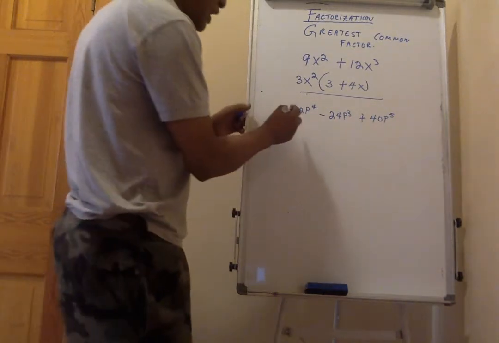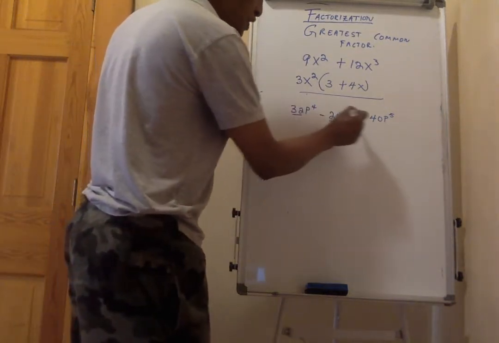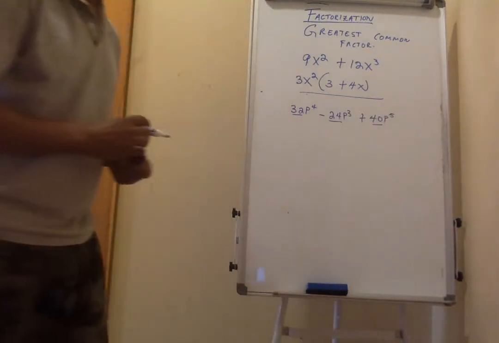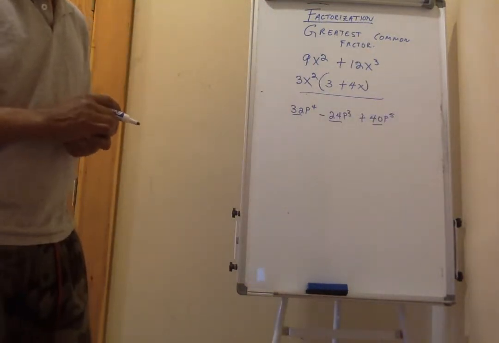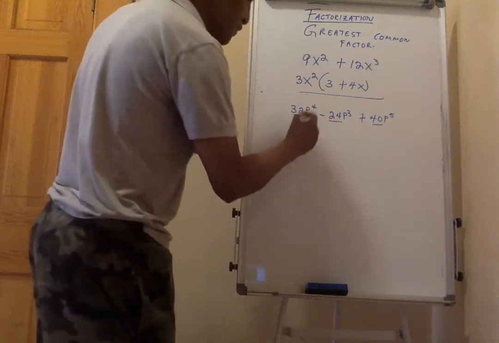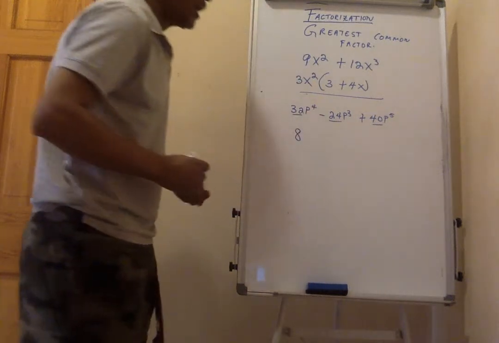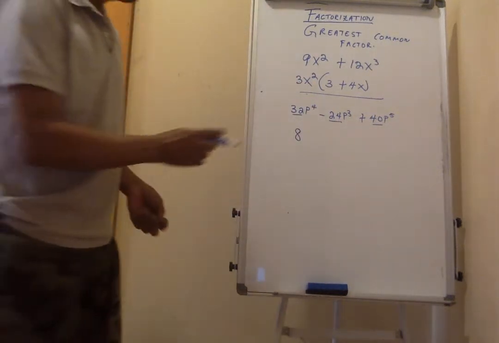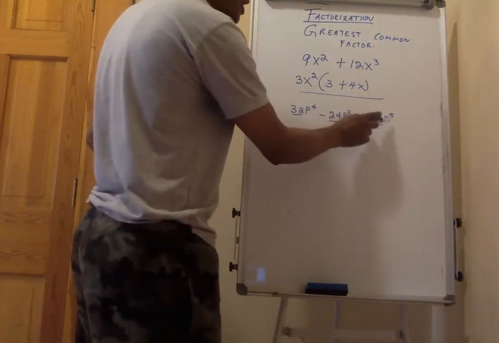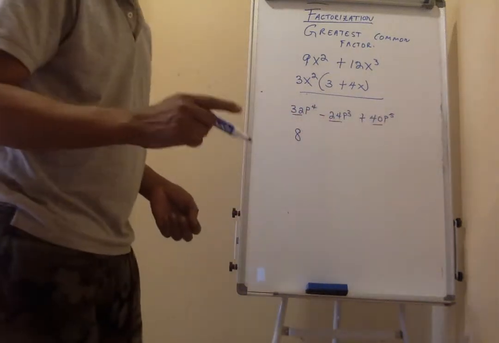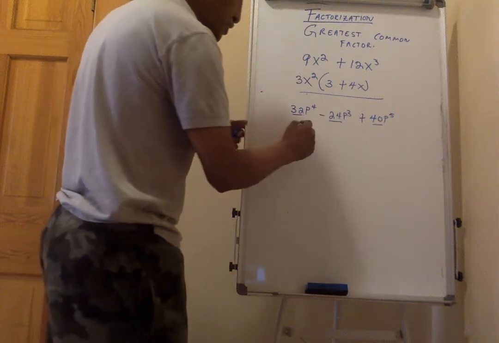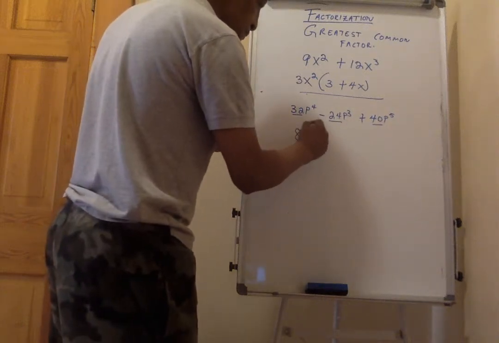So let's go ahead and try to find the greatest common factor between 32, 24, and 40. You would find out it is 8. Between p to the fourth, p to the third, and p to the fifth, always take the one with the lowest degree. p to the third is the greatest common factor.